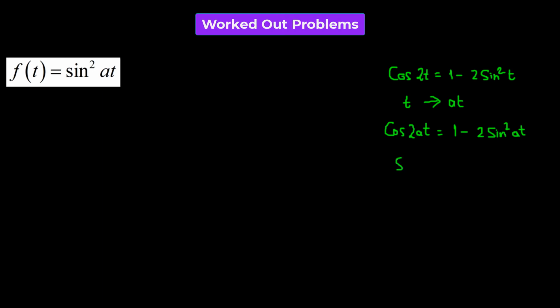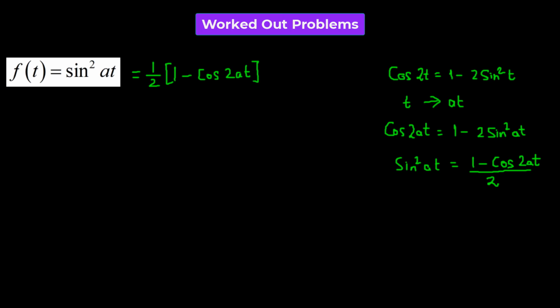Now we solve for sine squared at, so that gives us sine squared at is equal to 1 minus cosine of 2at, whole divided by 2. So that means our function is equivalent to half multiplied to 1 minus cosine of 2at.